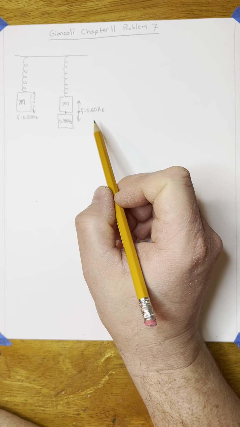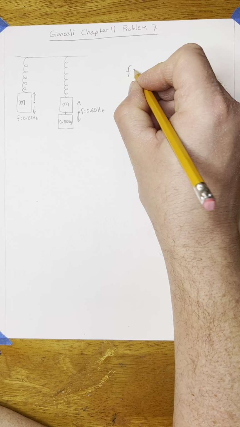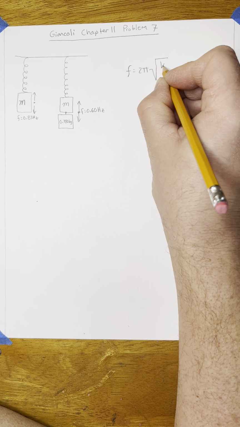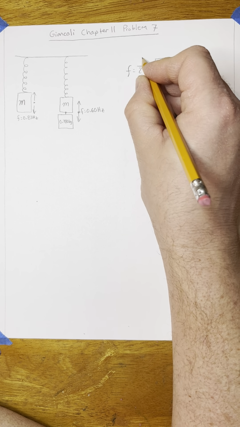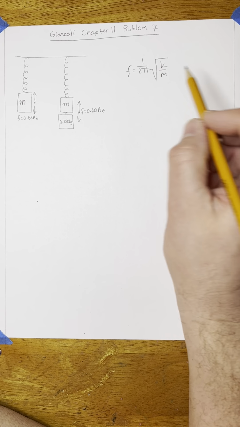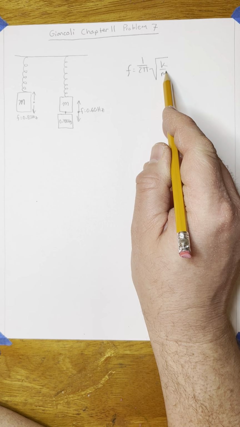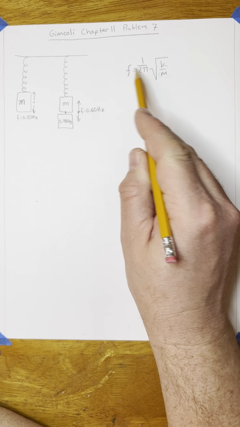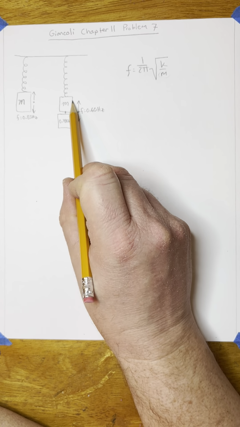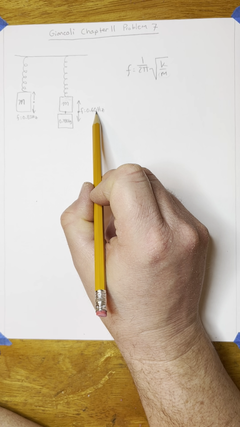We clearly know from the relationship for frequency, 1 over 2 pi square root of k over m, that m is on the bottom here, so it has an inverse relationship with frequency, such that when we increase the total mass in oscillation, the frequency is going to reduce.